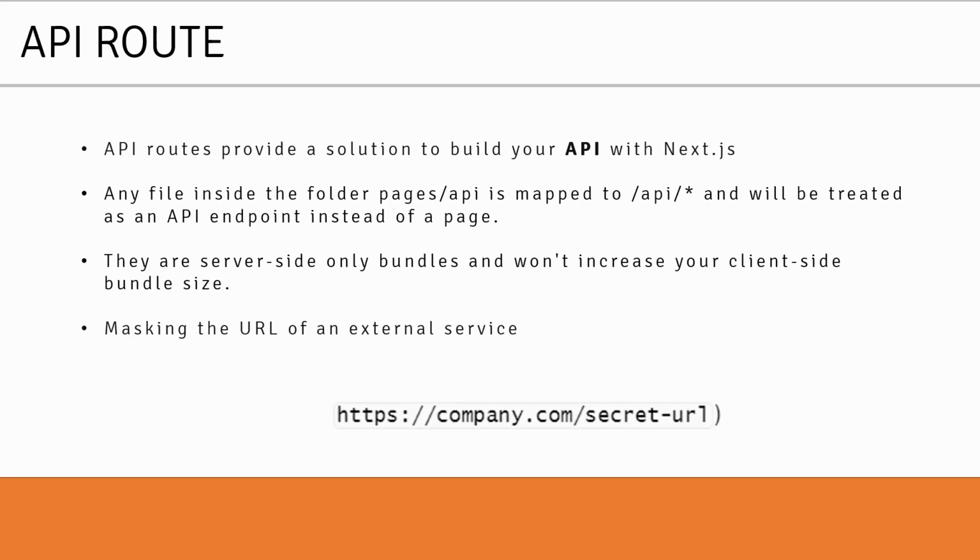To achieve this masking, if the source URL is this, we can mask it with this URL, or we can make changes to the URL. The main core of the idea is that we can mask the URL and source.